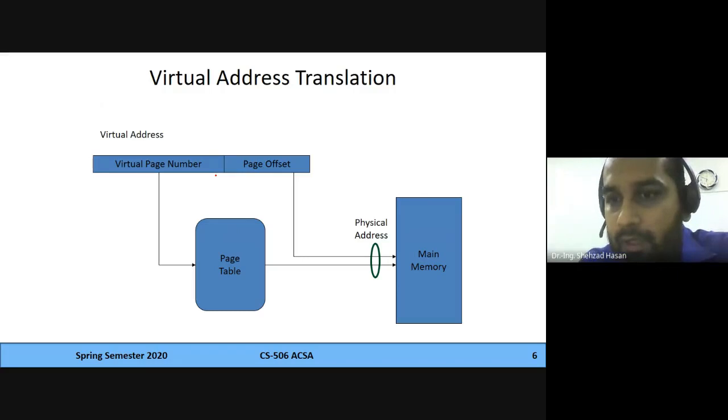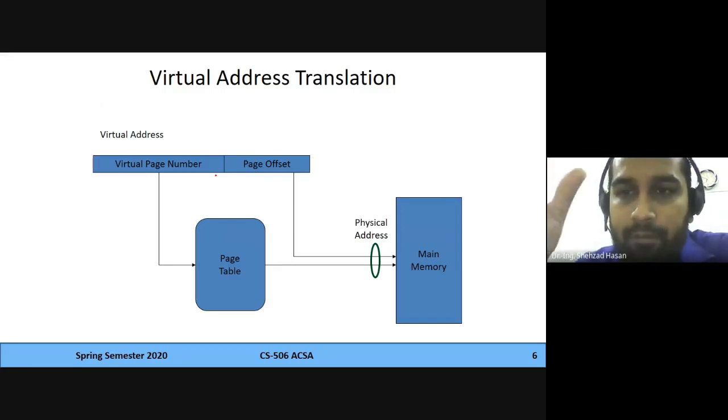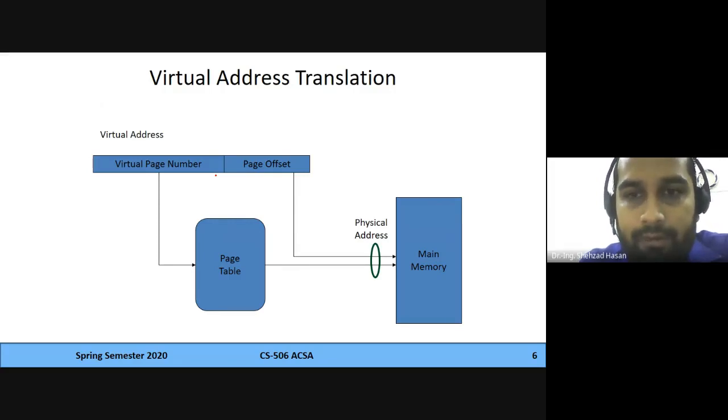We have 1, 2, 3, 4, 5, 6 students over here. Now all of you 6 students have some roll numbers, right? You can consider your roll numbers as your physical address. But when I address you, I don't really talk to you through your roll numbers.